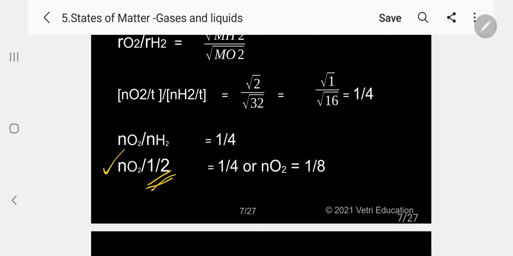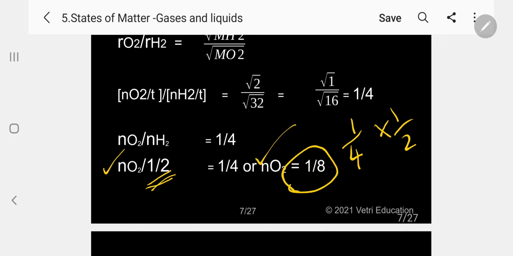So nO2 by half is equal to 1 by 4, which we have calculated. So nO2 is 1 by 4 multiplied by 1 by 2. So automatically the answer is 1 by 8.